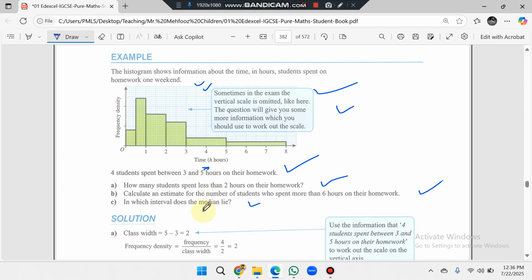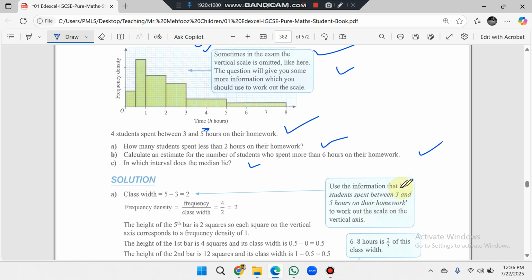So for class width we subtract these two values. Use the information that 4 students spend between 3 and 5 hours. So between 3 and 5 hours means that we have the class that is 3 to 5. So for this class we can find the class width, that is 5 minus 3. Understand?